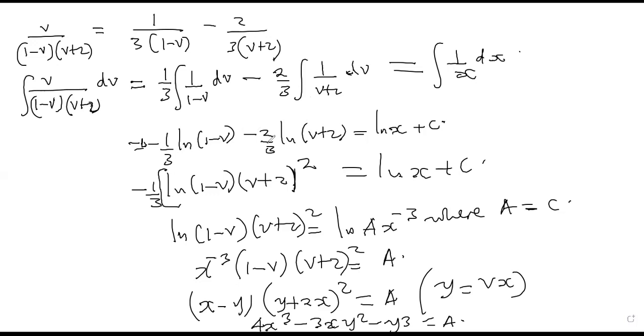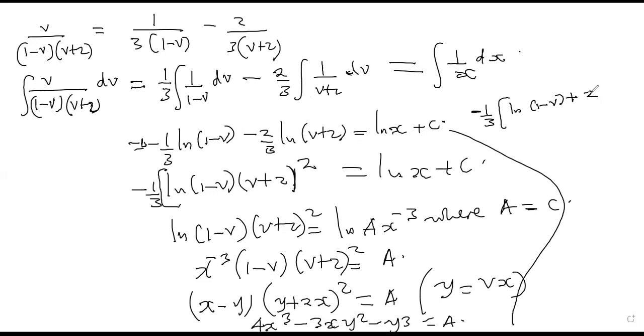You shouldn't be too much surprised here. First, I factorized out a third. Do the same, factorize out negative a third, sorry. It means that here you have ln of 1 minus v plus 2, because this negative is already out.